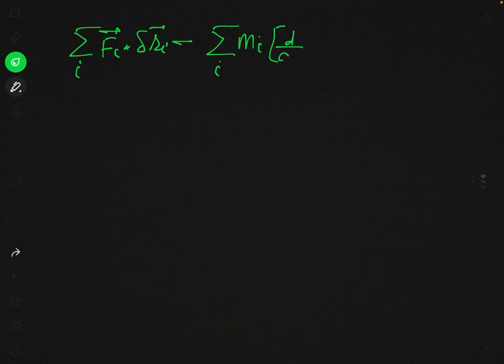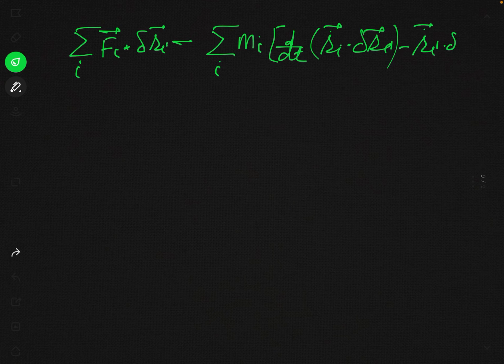So this is d dt Ri dot dot delta Ri and minus Ri dot delta Ri dot, and this will be equal to 0.